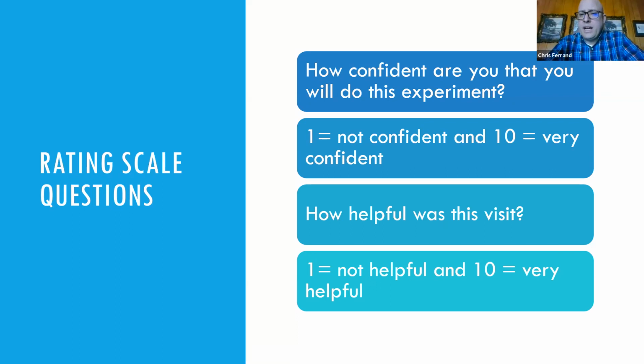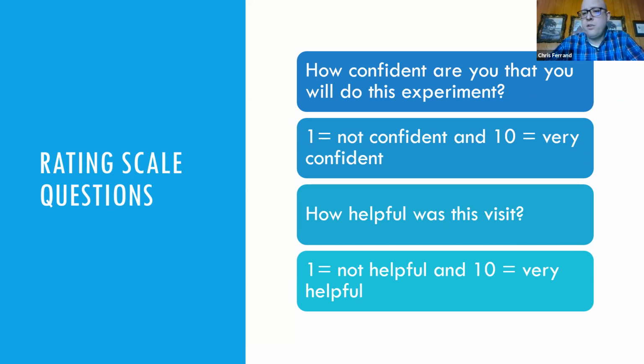At the end, we can ask them, how confident are you that you'll do this? If it's anything below a 7, you probably should design a smaller experiment, just something that they're going to do. And then ask them how helpful. Now, this was something that I didn't immediately buy into, but I started to do it as an experiment myself, just to see.